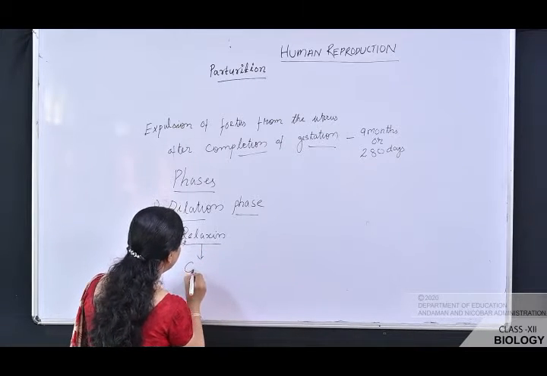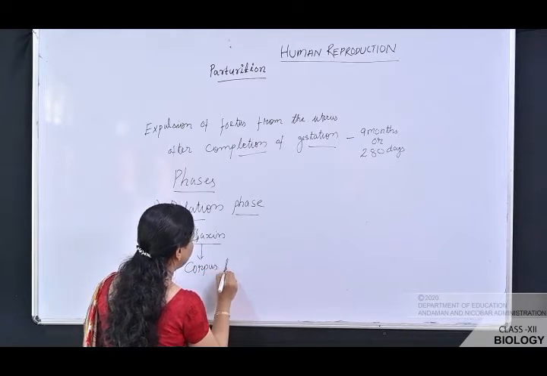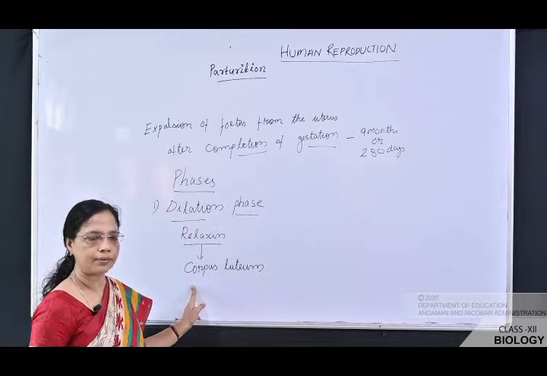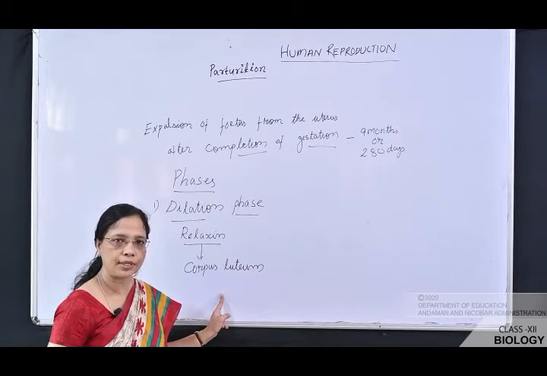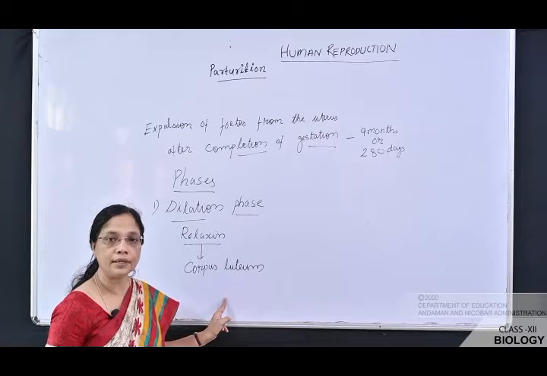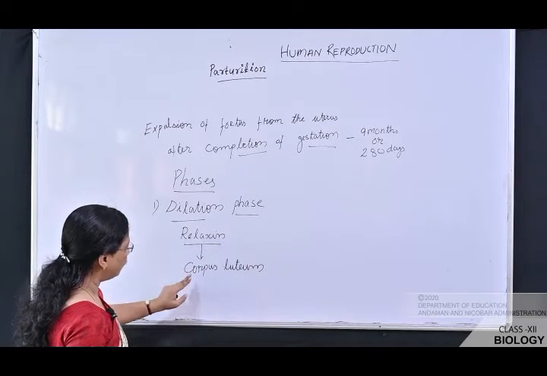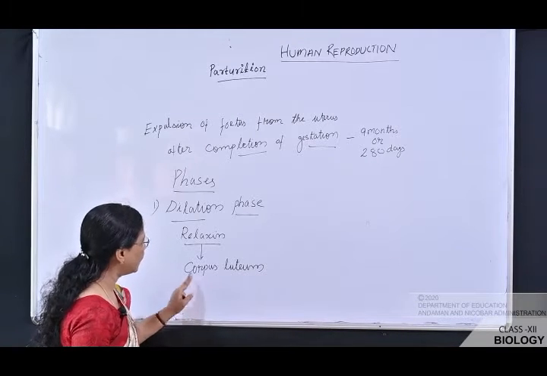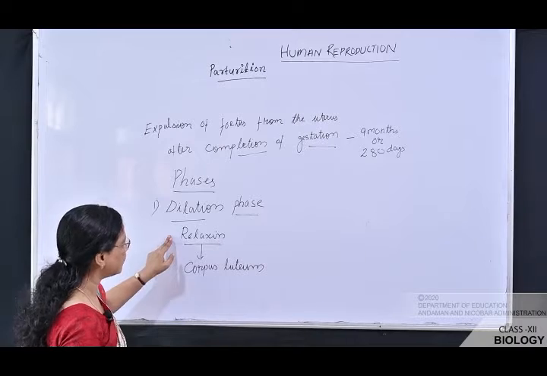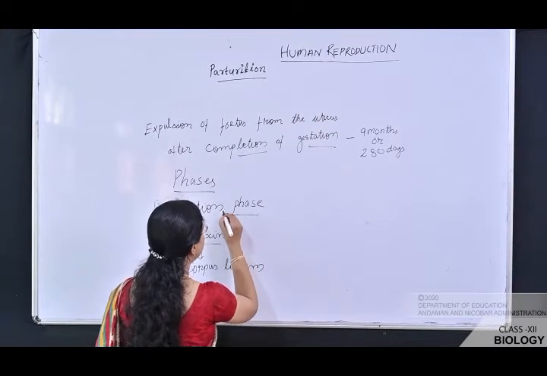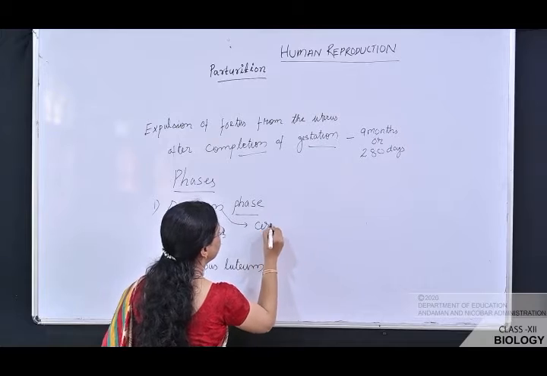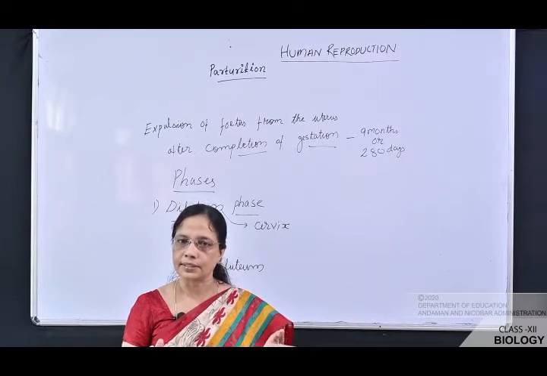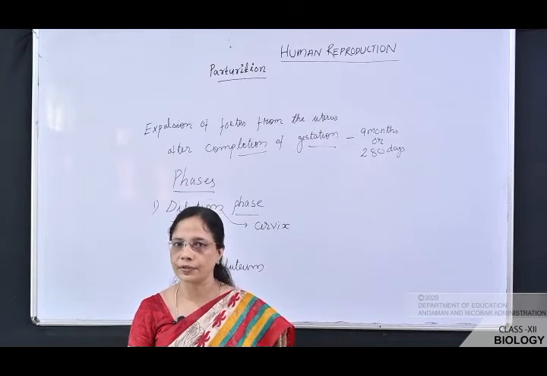It is secreted from the corpus luteum, which is located in the ovary. That relaxin dilates the cervix, so the cervix gets dilated and easily expanded, and expulsion of the fetus takes place.